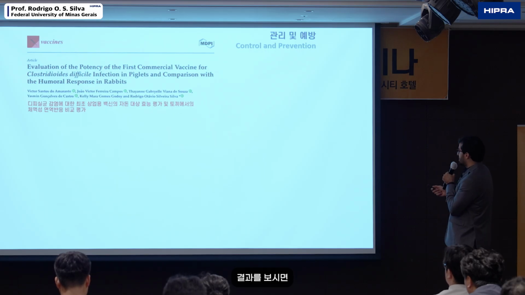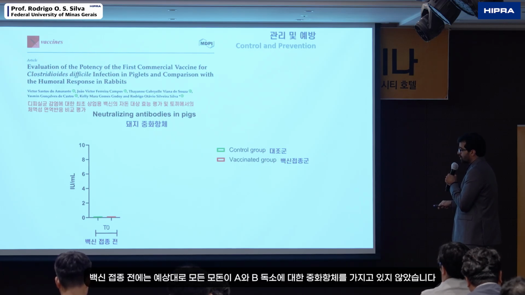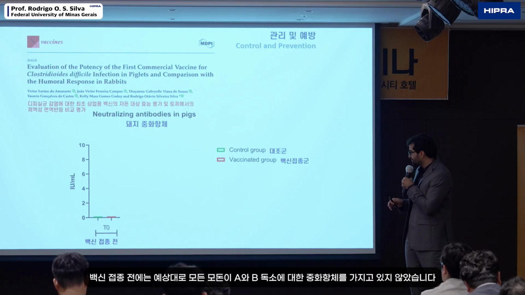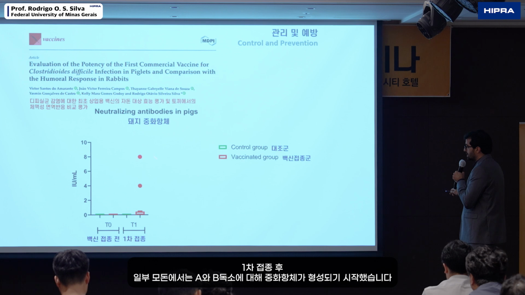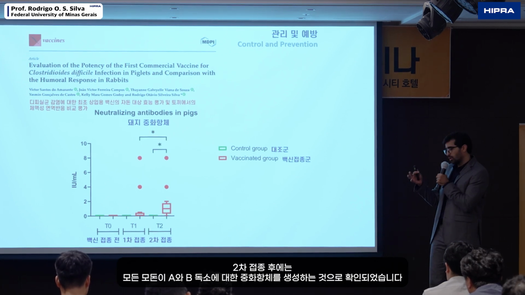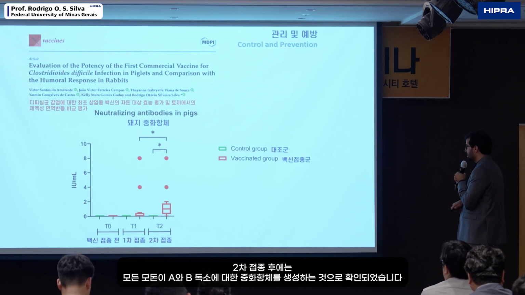And these are the results we got. Before vaccination, no sows had any antibodies against A and B toxins. After the first dose, some sows already had some antibodies against A and B toxins, and after 2 doses, all sows responded to the vaccine and produced antibodies against A and B toxins.